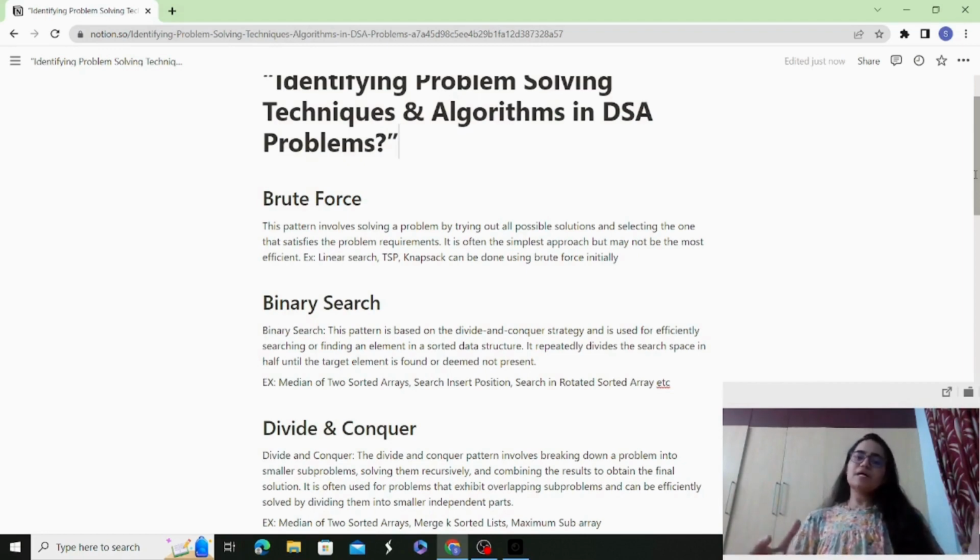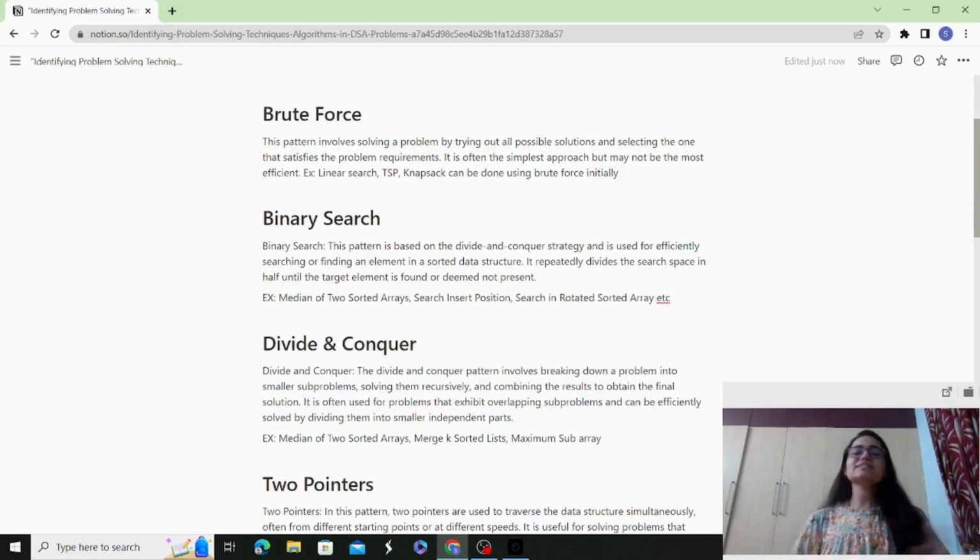The first approach that definitely comes to anyone's mind is the brute force technique. So what is this brute force technique? It involves solving a problem by trying out all the possible solutions. When you are dry running test cases, or doing trial and error, it's very hard to crack the optimized logic in one go.